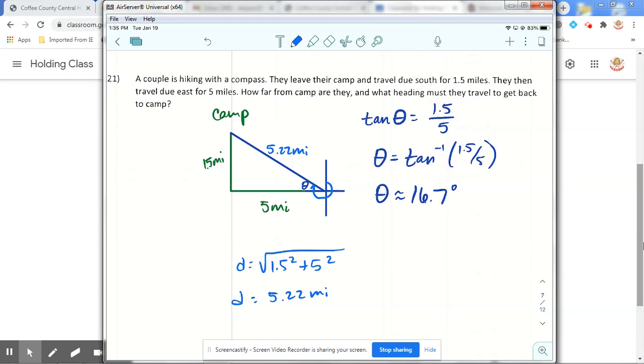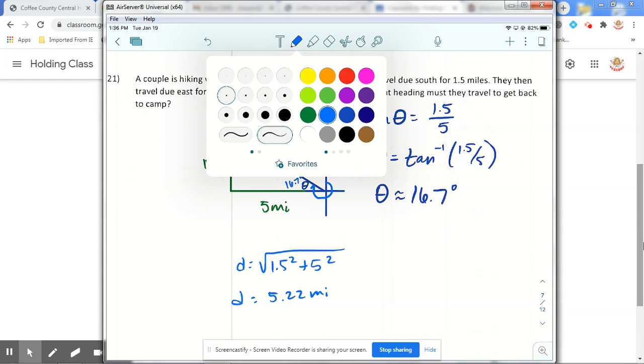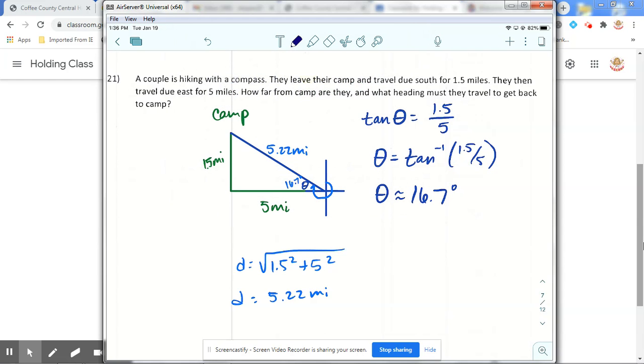So all I know is that this angle inside the triangle is 16.7 degrees. So we need to do some stuff with it. So I'm looking at this from here to here is 90, and then 180, and then 270, and then 16.7 more. So it would be 270 plus 16.7 degrees.